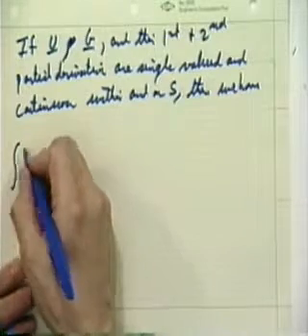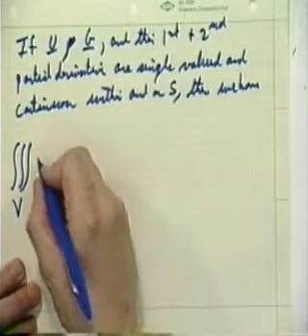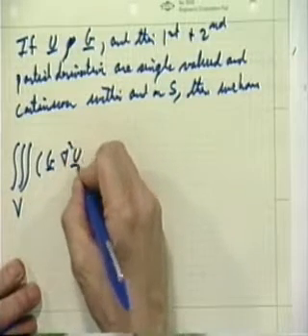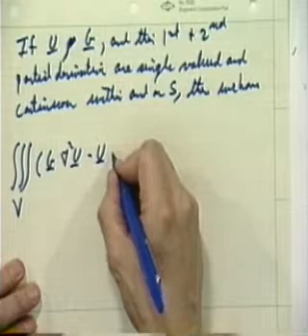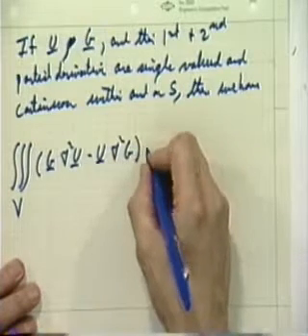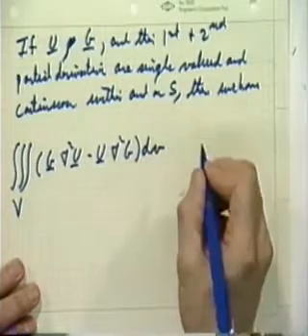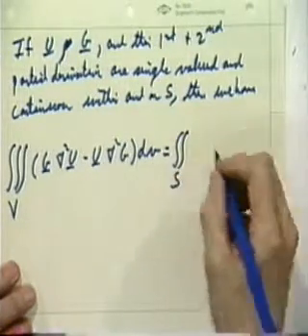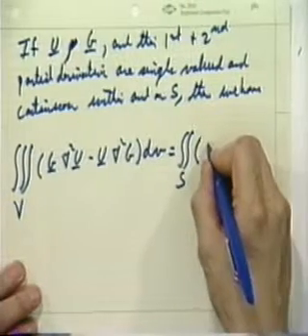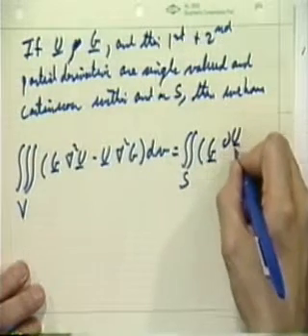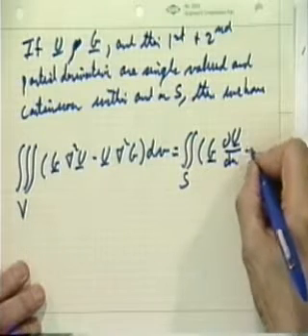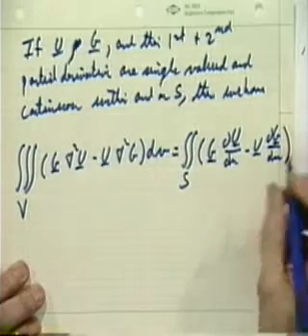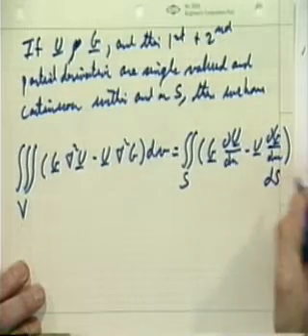We're going to have this integral over the volume of g del squared u minus u del squared g, integrated over the volume dv, is equal to the integral over the surface of g partial of u with respect to n minus u partial g with respect to n, integrated over the surface ds.